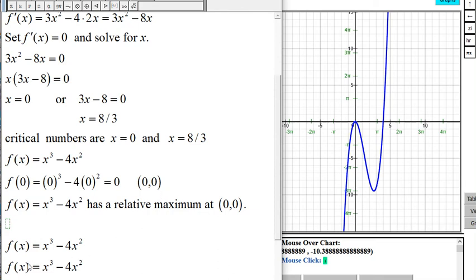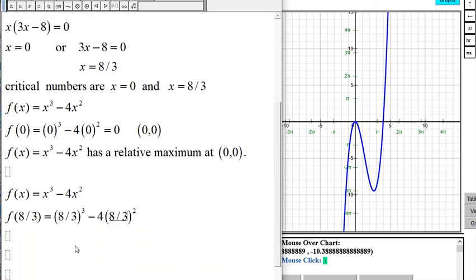And so if we replace x with 8/3, and we use the scientific calculator and simplify this, this comes out to be negative 256 over 27, or approximately negative 9.48.